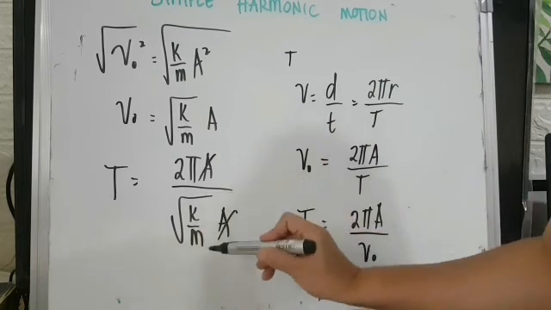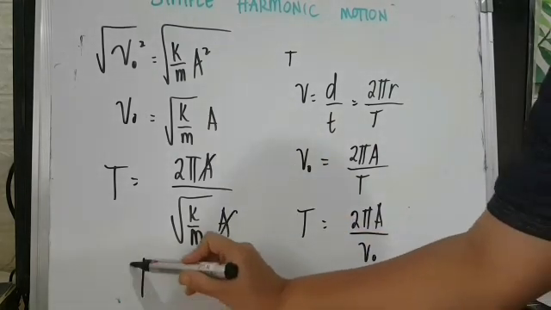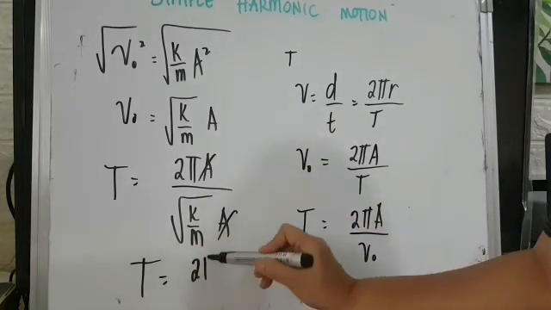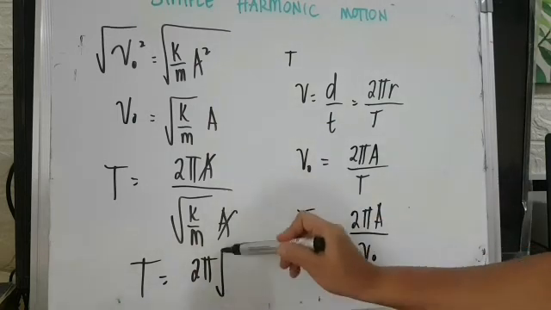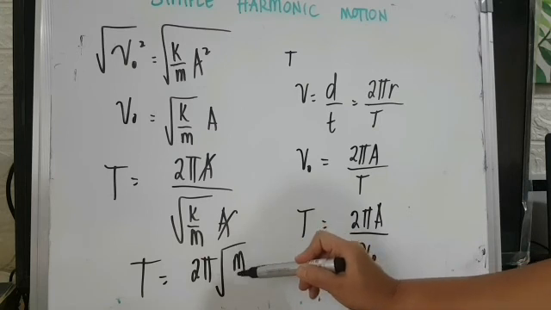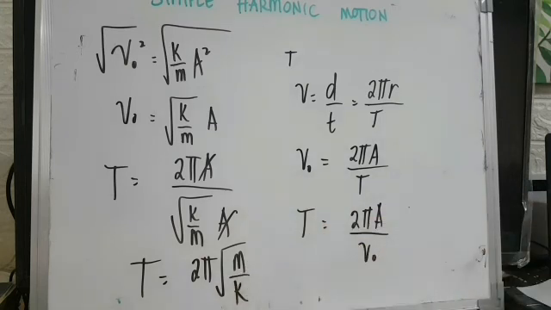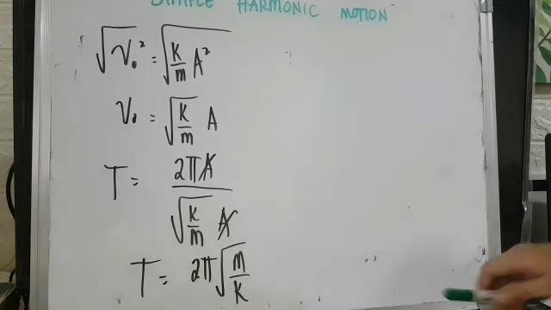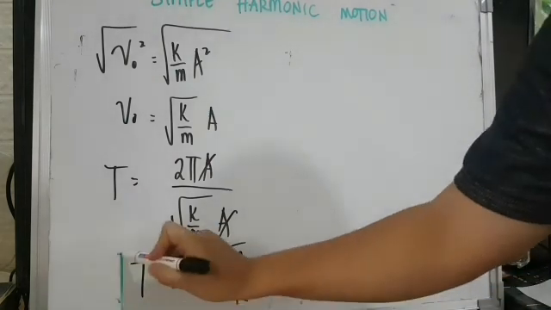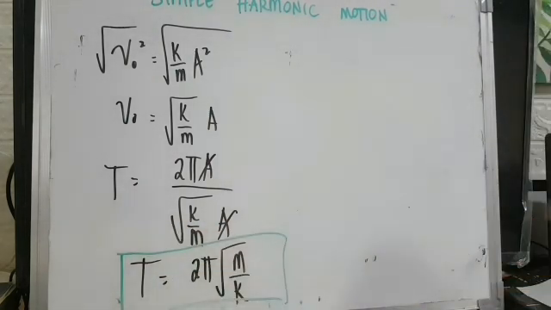So the a cancels. Our period now becomes 2 pi times the square root of, getting the reciprocal of this, m over k. So that's another equation for period. Take note of those equations. Period equals 2 pi square root of m over k.